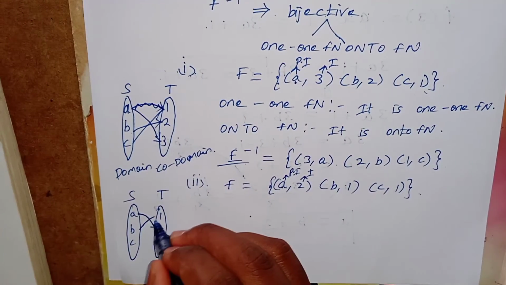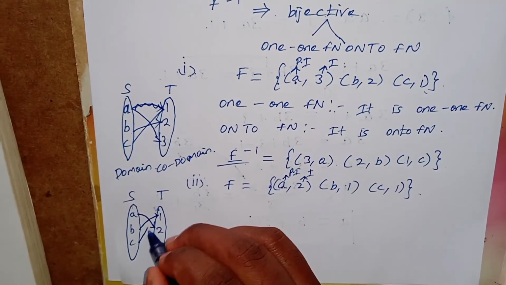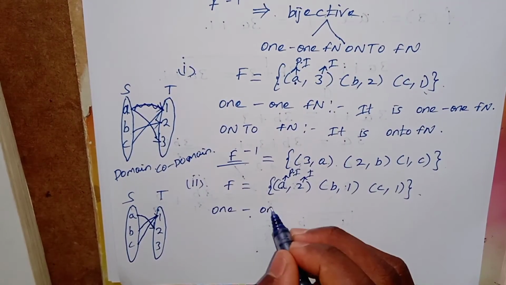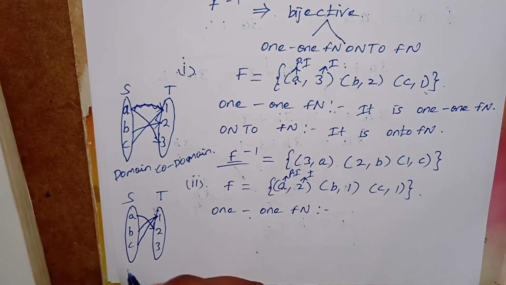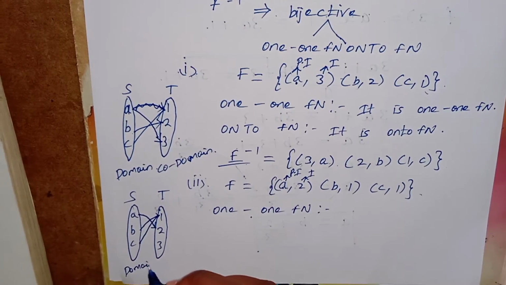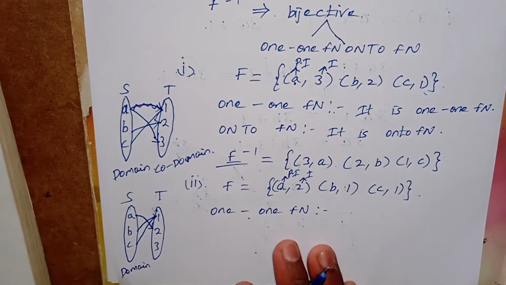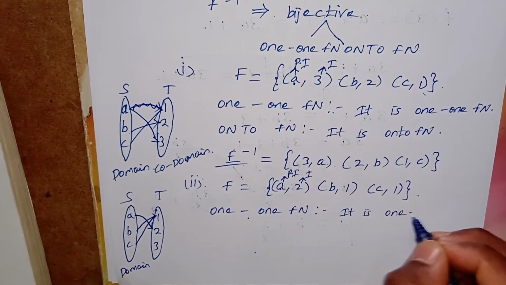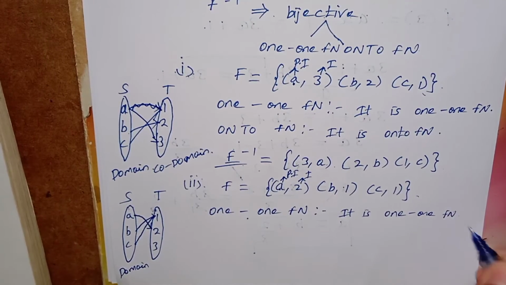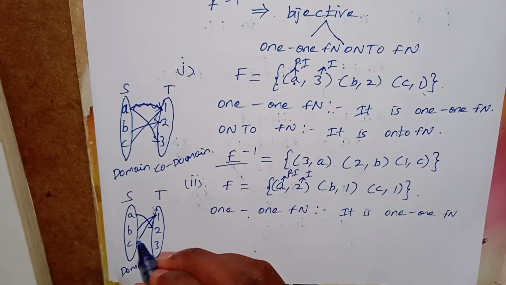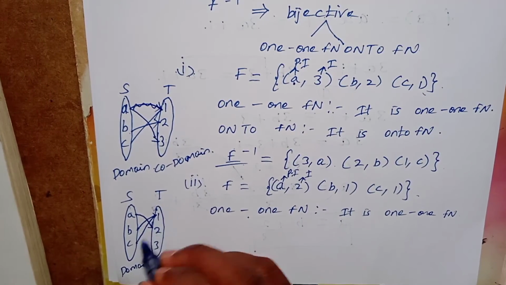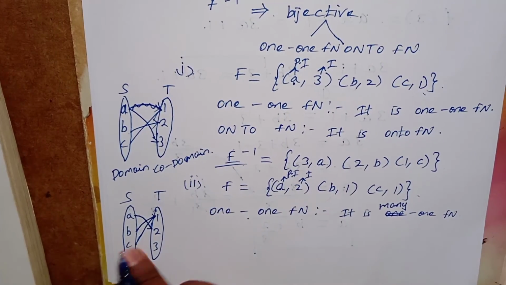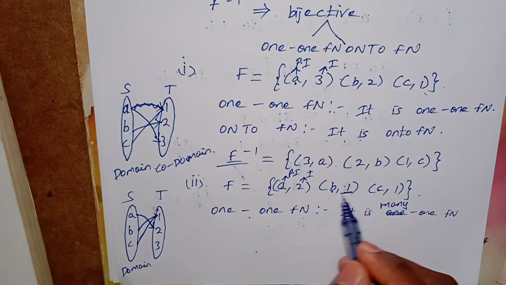B has image 1, c also has image 1. Therefore, for checking function you have to see the domain. Every term has its image, therefore it is a function. But see here, b and c have the same image. Therefore it is many to one.